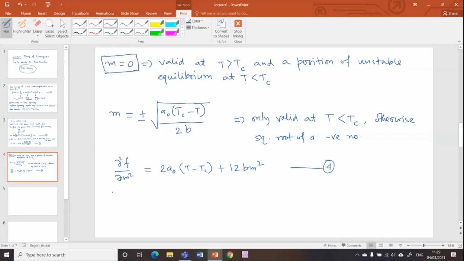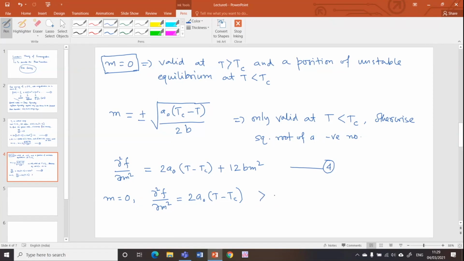Now if m is 0, then del 2F del m2 will be 2A0 (T minus Tc), because the second term will be 0.